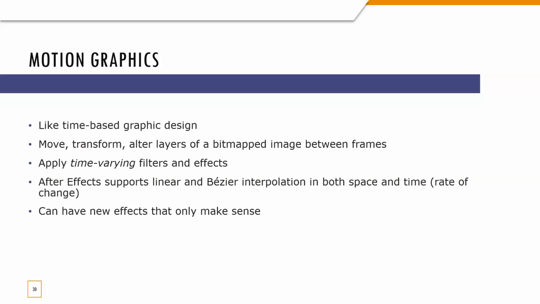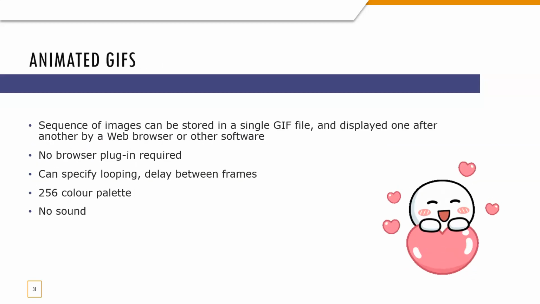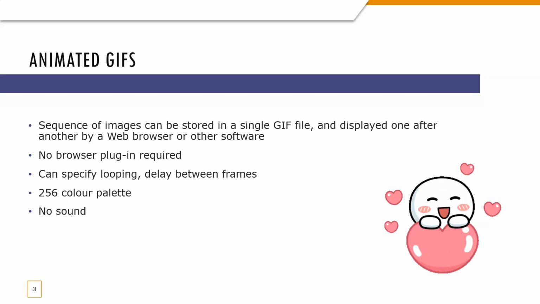Let's say you have 100 drawings, you can arrange them so that they become the animation, a complete animation. This is the animated GIF, same as GIF. So this is an example.